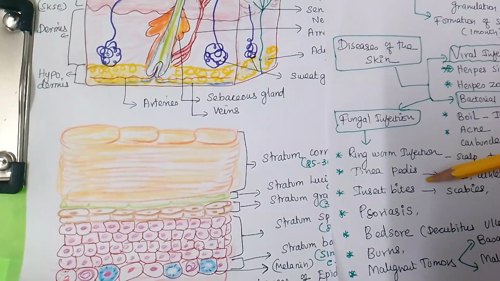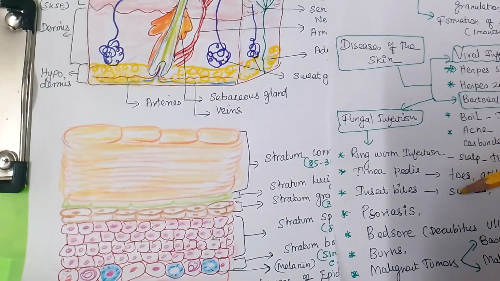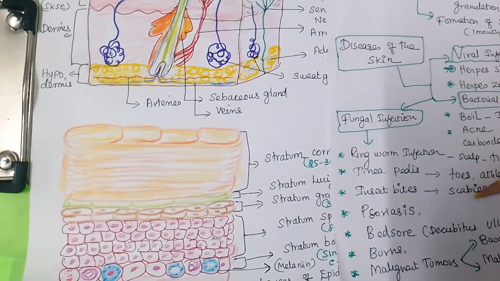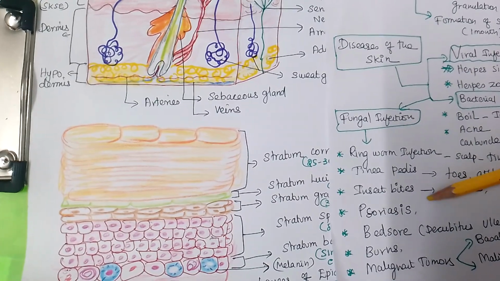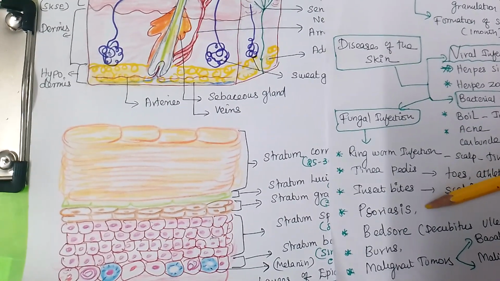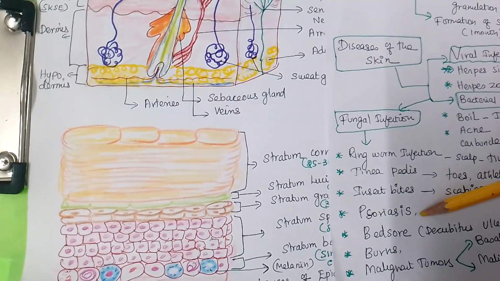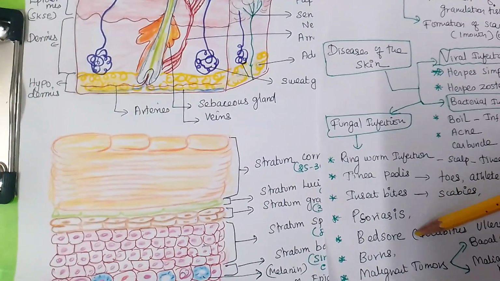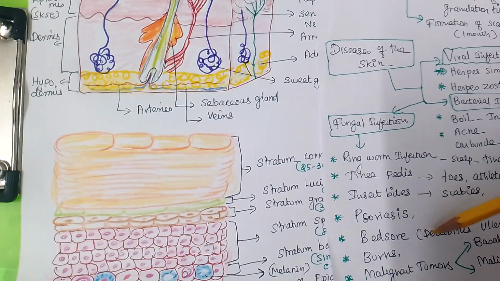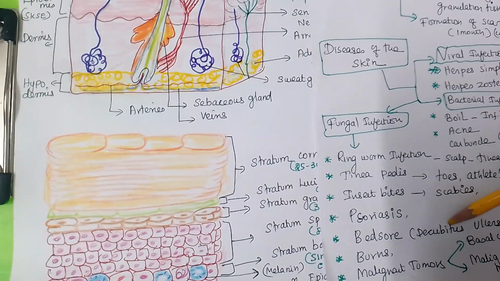And insect bites, scabies. Scabies, maybe these insects also cause a disease called psoriasis. Psoriasis, if not treated, all the folds of the skin are affected, and it will end up in cellulitis. And also bed sore. Bed sore is otherwise called decubitus ulcer.